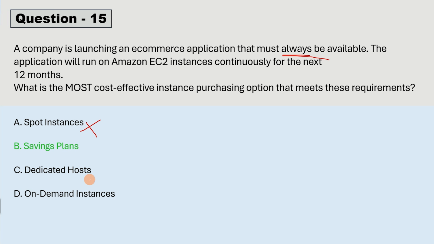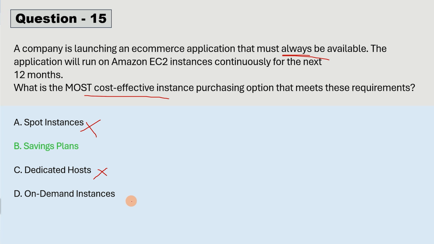Now, dedicated host is the one when you want to run your load or your server on a specific host without sharing that with any other EC2 instance that may be owned by any other person, right? So if you are reserving a particular host for yourself, then it may not be the cost effective option, right? However, it is considered the safest approach, but it is not the cost effective approach. So it is also not correct.